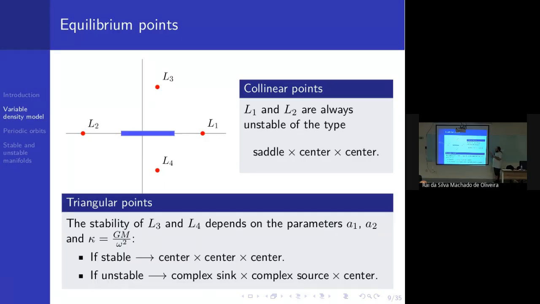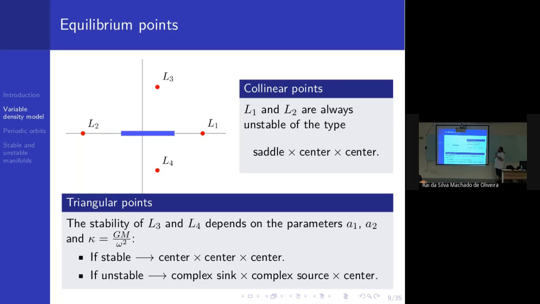They are of the saddle-center type, which means that around these equilibrium points, although they are unstable, there is some region in which orbits behave cyclically. We will see that later.